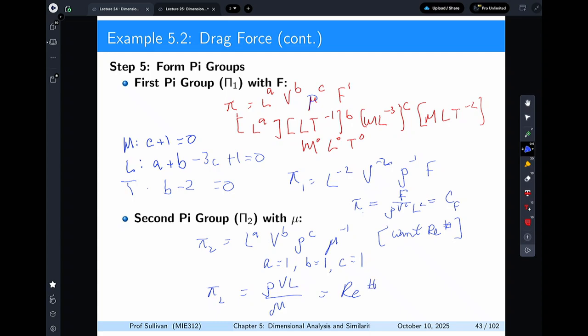Anytime I have anything that's moving, I expect to have a Reynolds number as part of it. In the next 2 chapters, when we talk about pipe flows and external flows, Reynolds numbers will appear very frequently. So you expect to have a Reynolds number in all of your results, usually if you have a velocity.